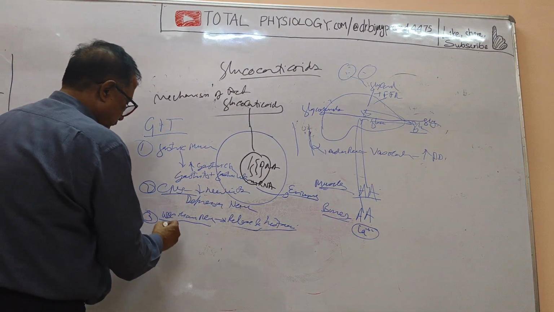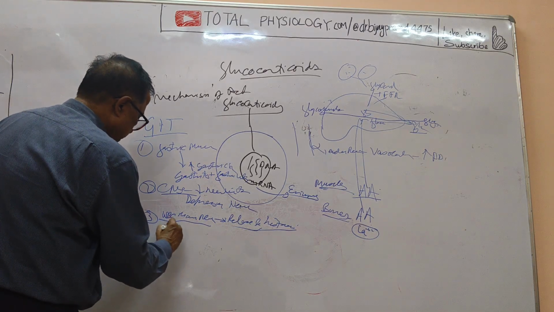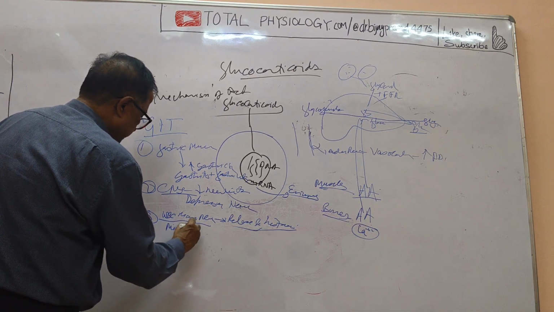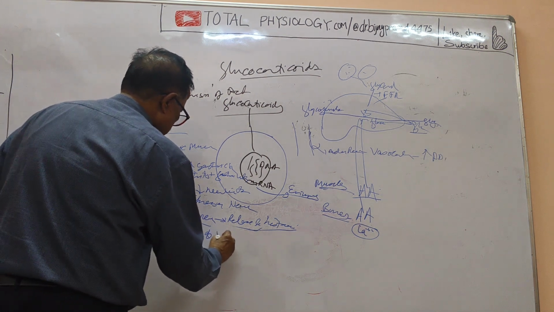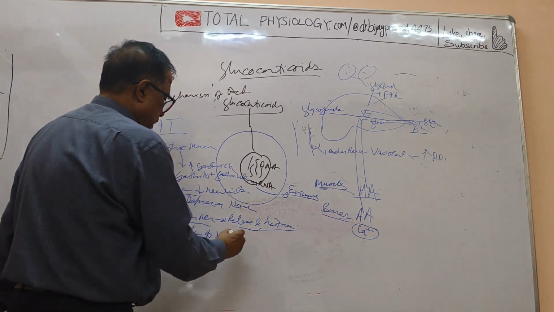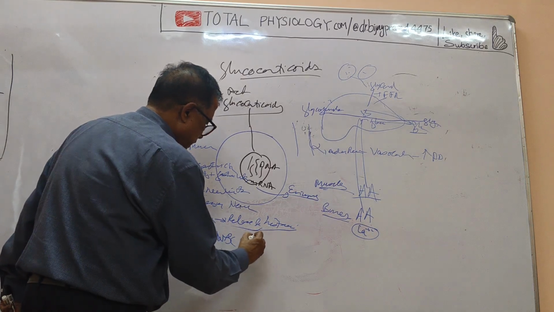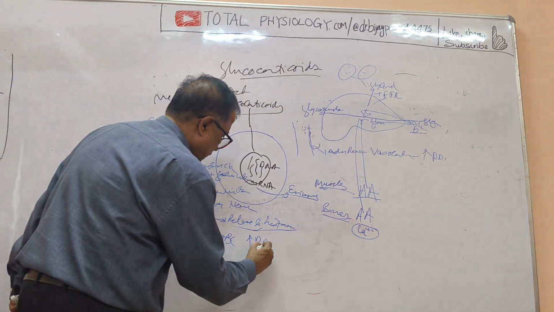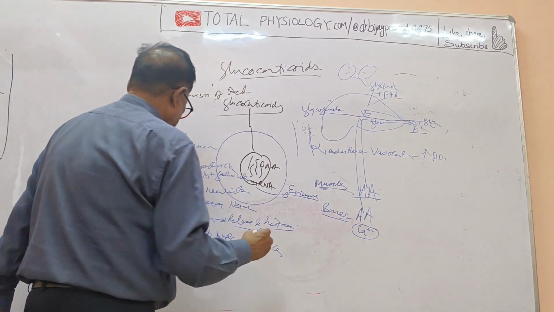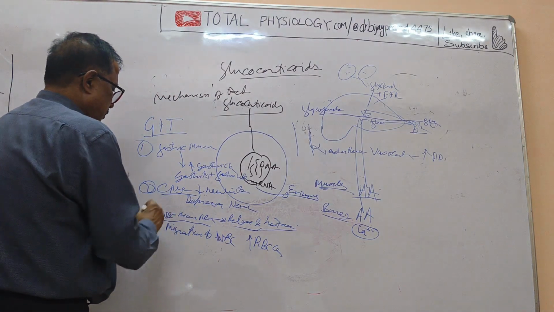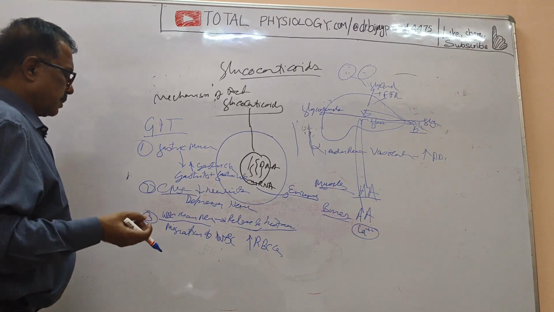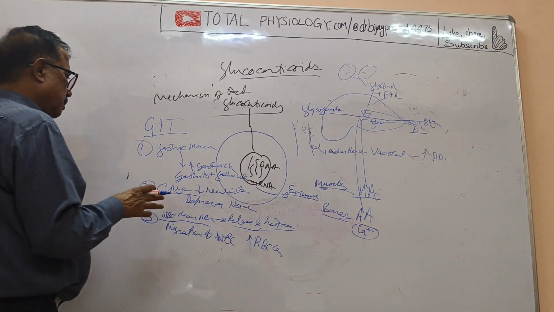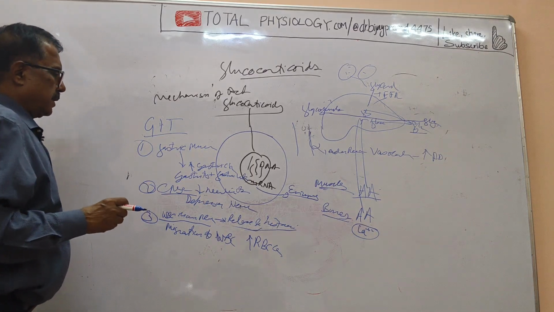It also favors migration of WBC, leading to a relative increase of RBC count. As it acts upon WBC, it prevents release of histamine and other substances. So it also depresses immunity.